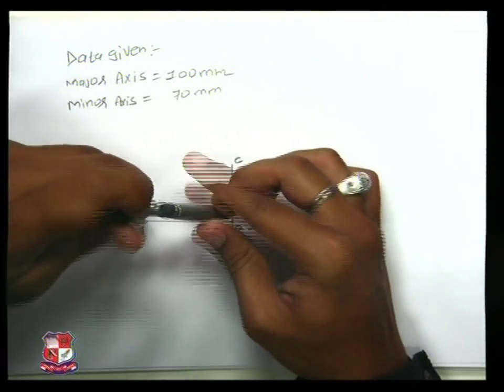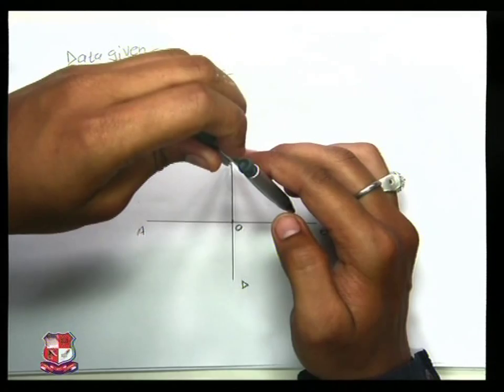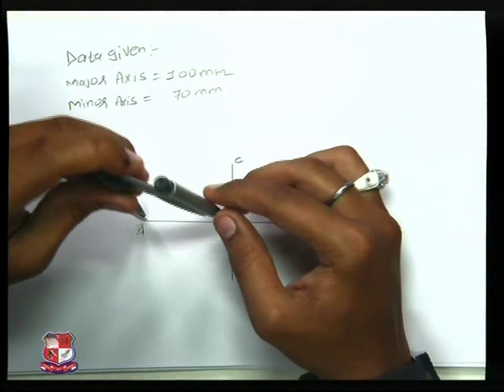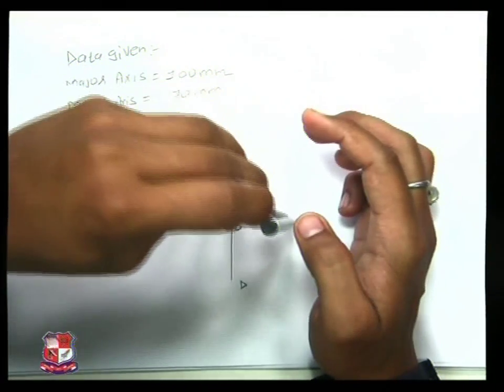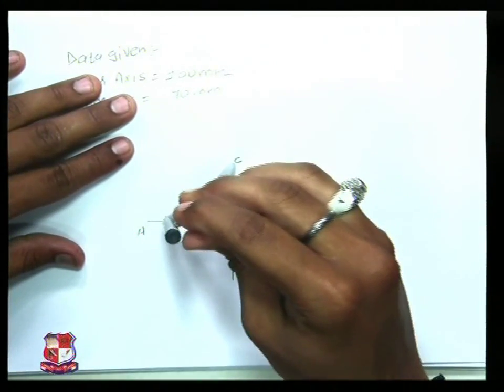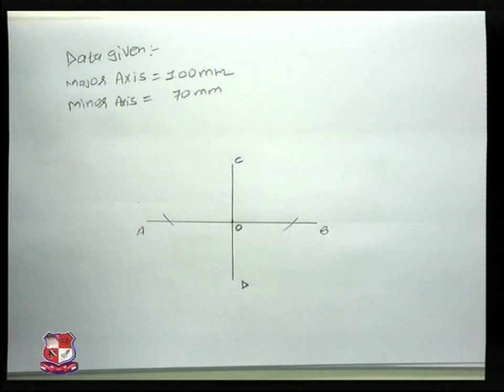Take OA as the radius and C as the center, and draw an arc on both sides like this.